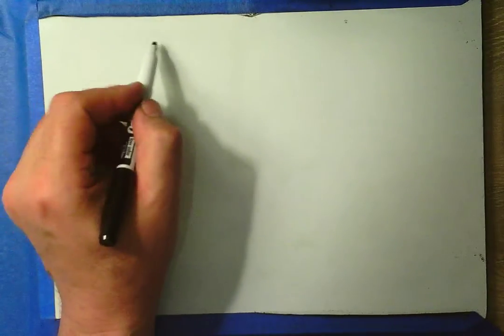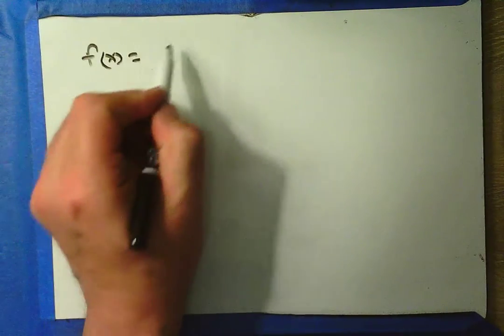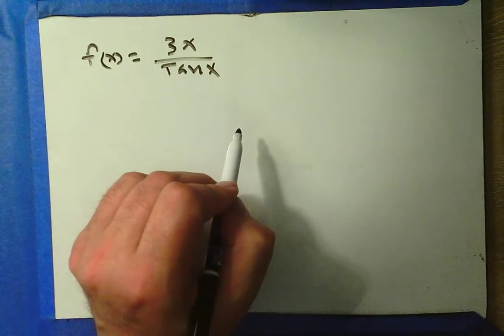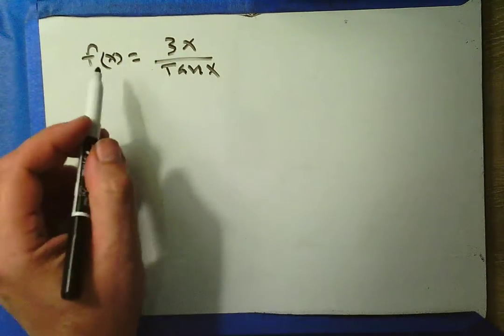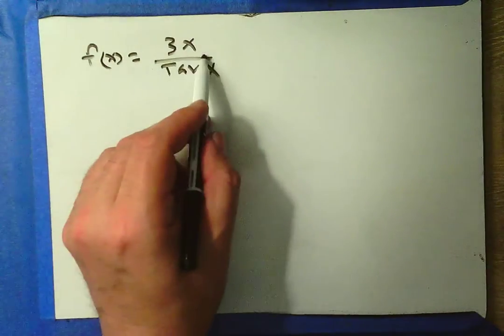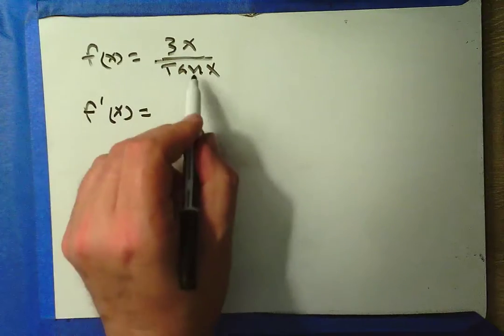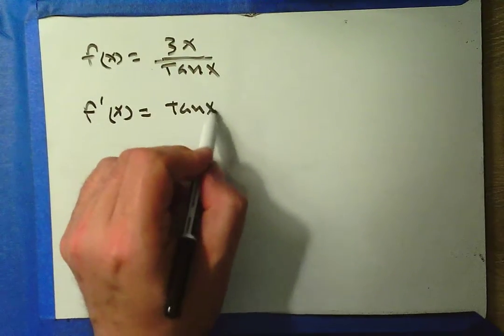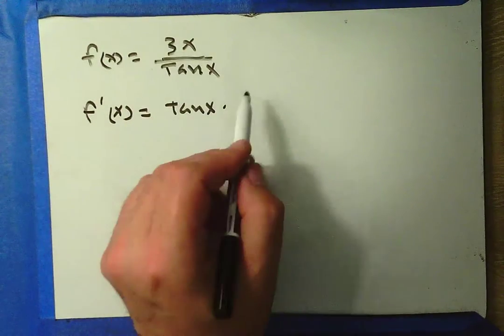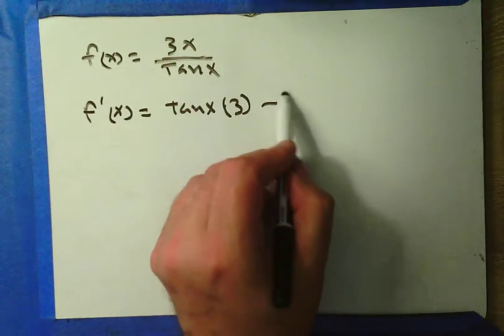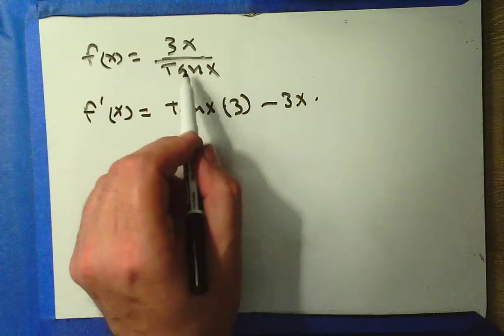All right, how about a quotient? How about f of x equals 3x over tangent x? Okay, so I know that the quotient rule is needed here. So f prime of x will be low, tan x, d high, the derivative of 3x is 3, minus high, 3x, times the derivative of low.